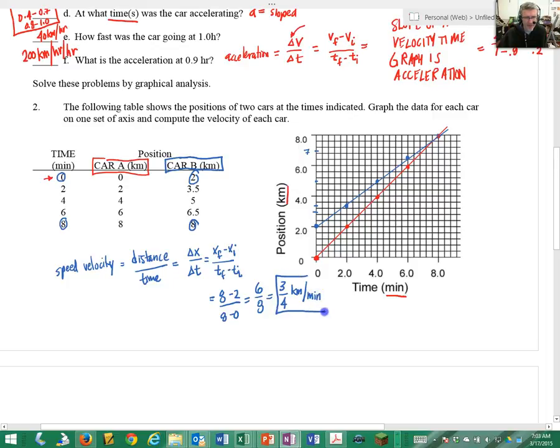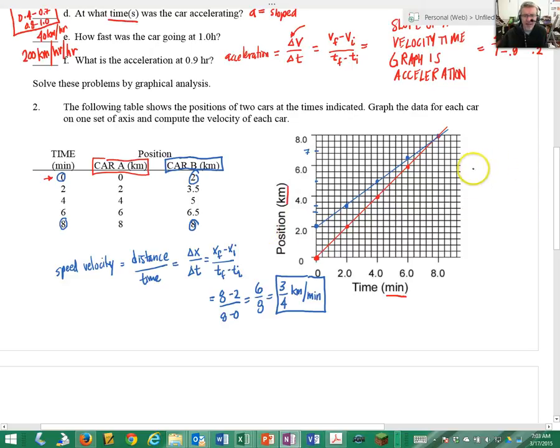That's car B. So let me ask you a question. Which car is going faster? Which car seems to go farther in the same amount of time?